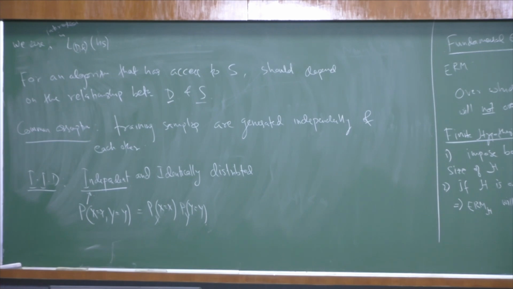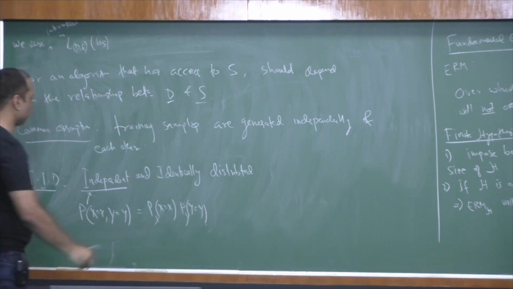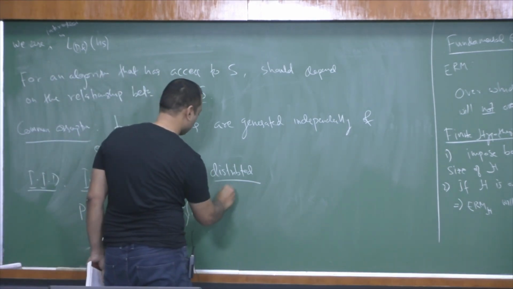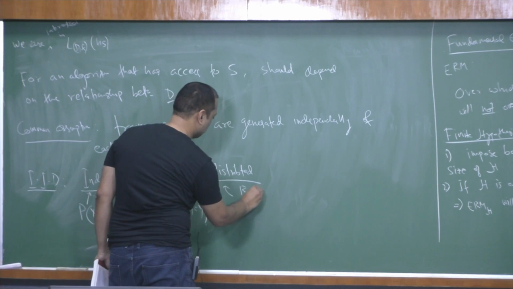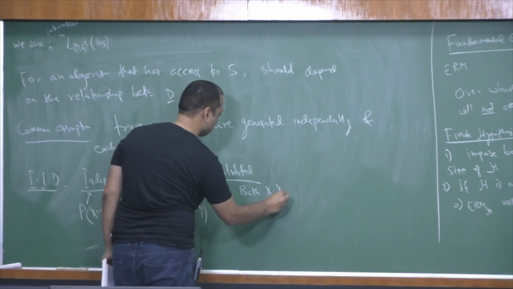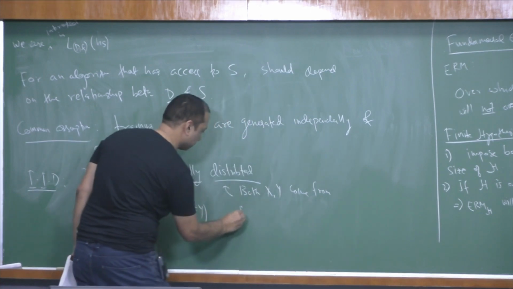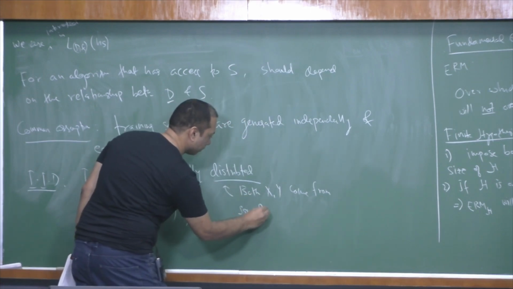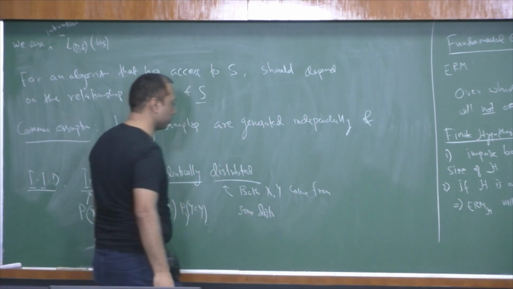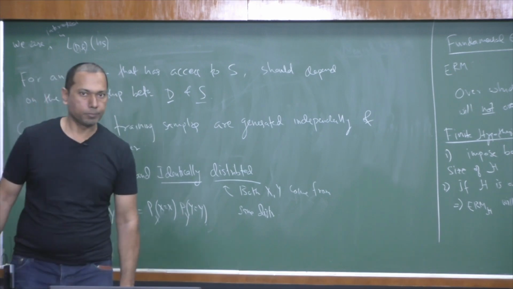That's how we define independence; we have seen it before. And identically means that all are coming from the same distribution, both x and y. Coming from the same distribution doesn't mean they are equal.